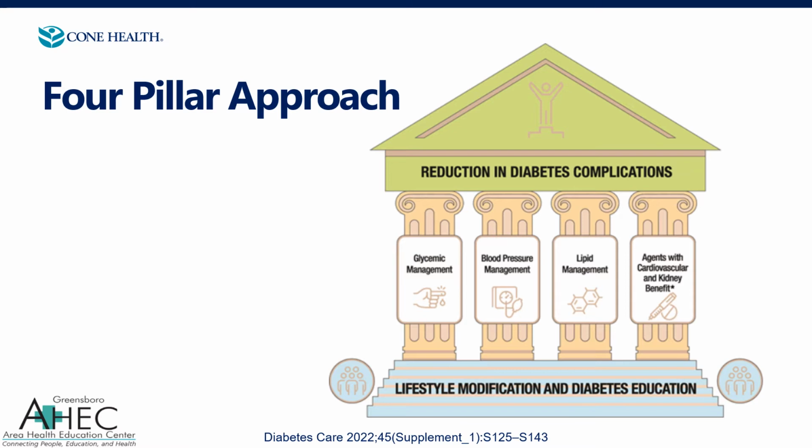As you can see in this graphic, the four pillars include glucose management, blood pressure management, lipid management, and using glucose-lowering medications that have been shown to have heart or kidney benefits, all on top of lifestyle modification and diabetes self-management education and support. So essentially, this entire graphic is the goal of treating the overall diabetes patient to help give them the best outcomes.